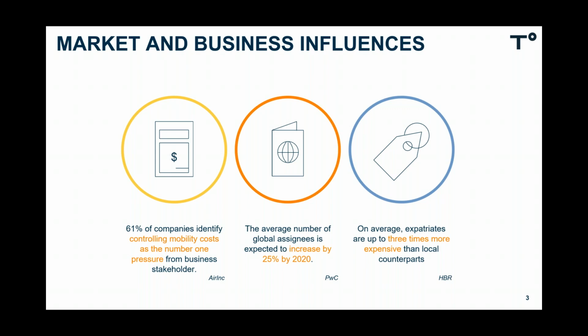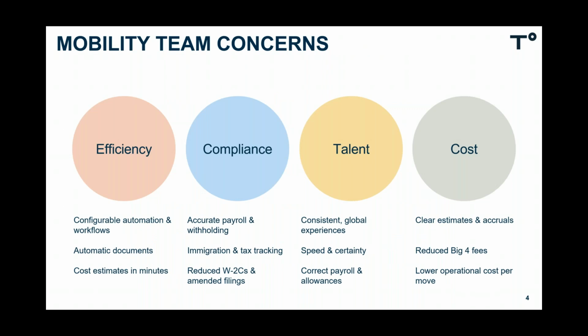What it means is that global mobility populations are increasing. There's cost pressure on all of us to reduce costs, and mobility professionals are being asked to do much more with fewer resources. So how can we solve those 3 pressures? One of the ways is via technology solutions, automation, and having control and organization of your data.